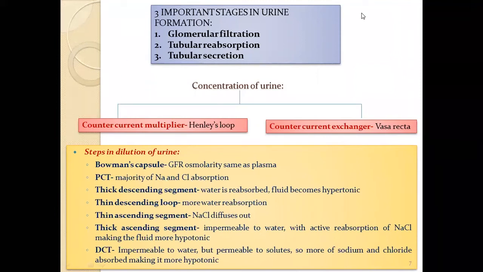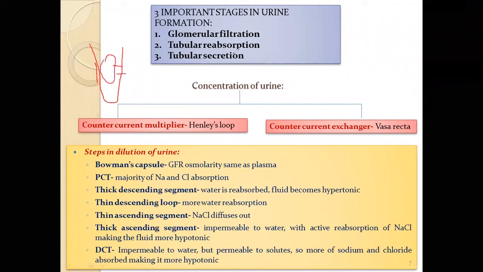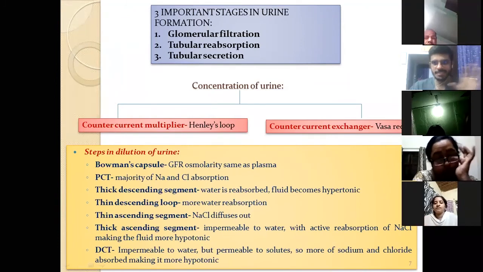If it gets diffused out, where is it going? It will go into the interstitial fluid, isn't it? In the loop of Henle, in the thin descending loop, there is sodium and chloride absorption and water reabsorption. Here it gets diffused out. So eventually what happens? This area becomes hyperosmolar. That's exactly your counter current multiplier. Are you able to put things together?